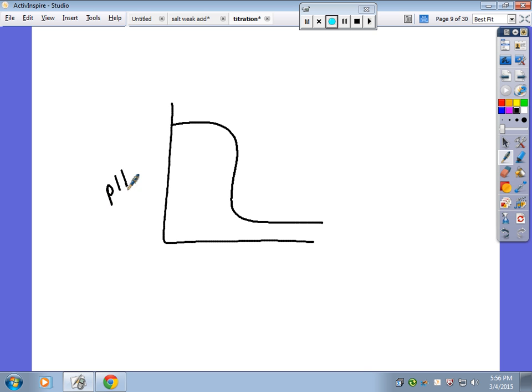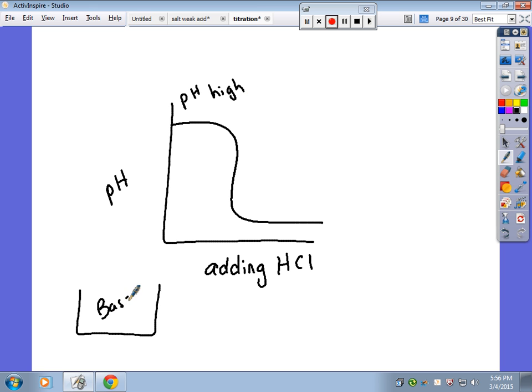This would be my pH. Here I would be adding hydrochloric acid. How do you know I'm adding HCl in this case? Well, my pH is very high here, so I must be starting with a base down in my beaker. I must have OH ions down here.